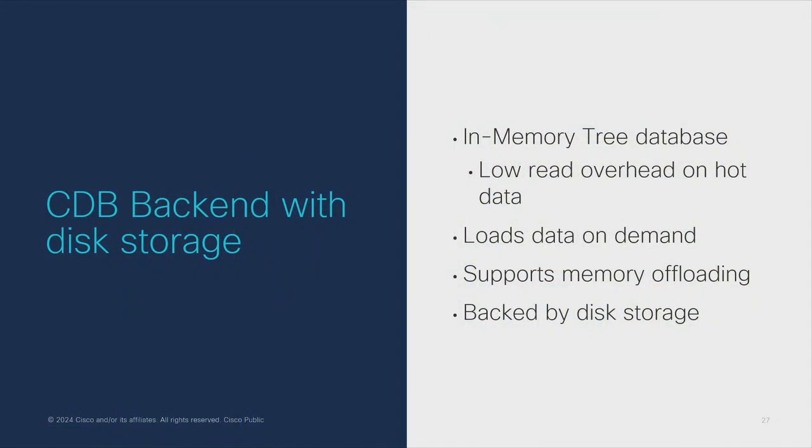So we now have an in-memory tree database as before. So if data is in the memory tree, we still have this same low read overhead because it's the same data tree. However, we now also want to load data on demand so that you don't have to load it at startup. We can start with basically an empty tree, and whenever you start reading, we will load that data in.